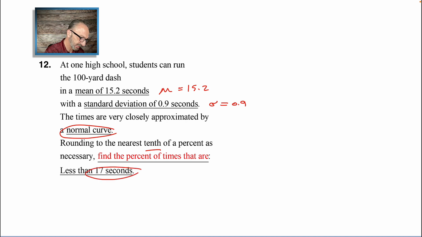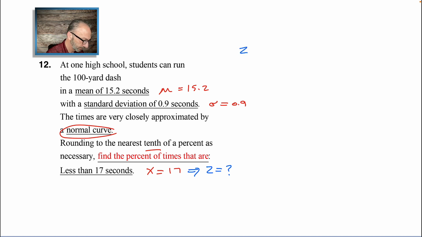So 17 seconds is our x. This is how we do it. The z-score that corresponds to x equals 17 is something we need to find.